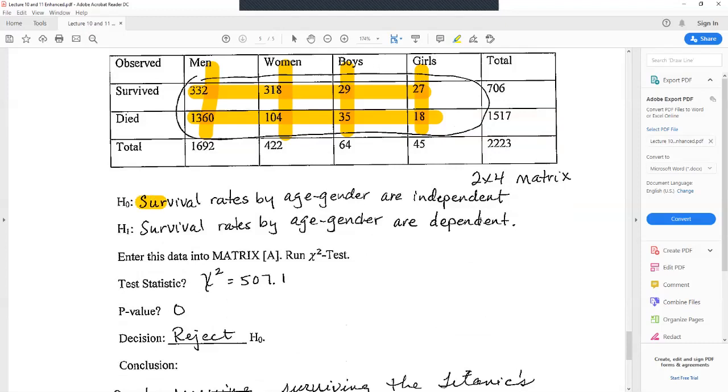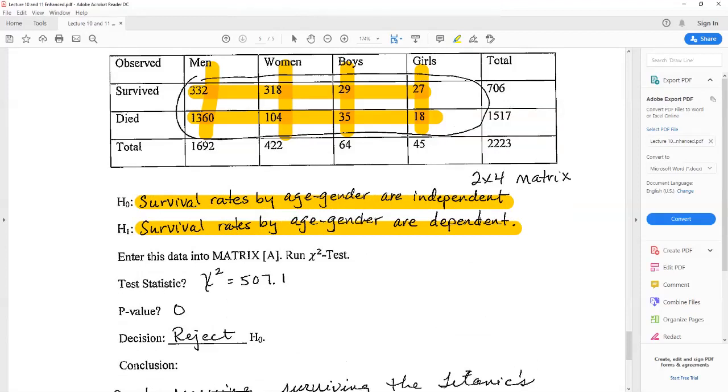The null is going to claim that survival rates according to age and gender are independent. And the alternative hypothesis is going to argue that age and gender across survival rates are dependent. In other words, the alternative hypothesis is basically saying, look, the age you are or the gender you are does affect whether or not you're going to survive this incident.